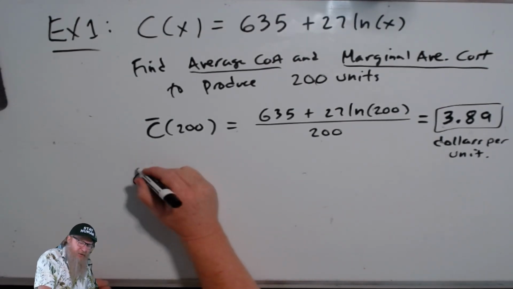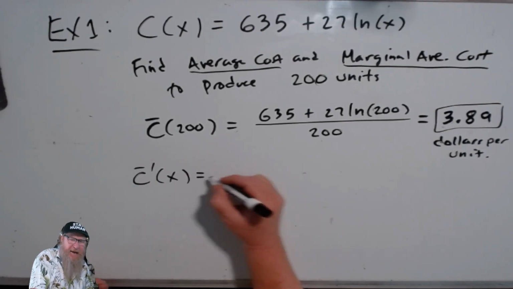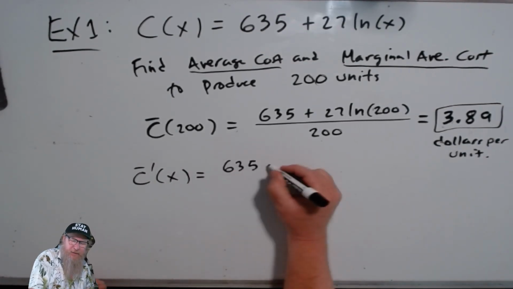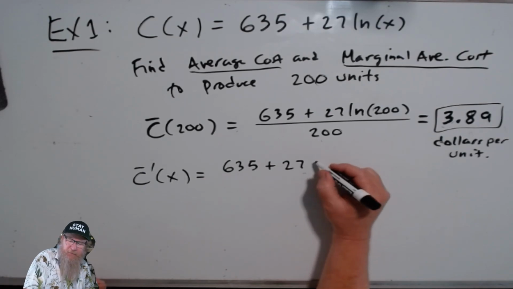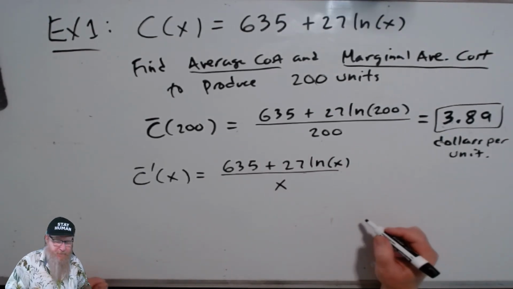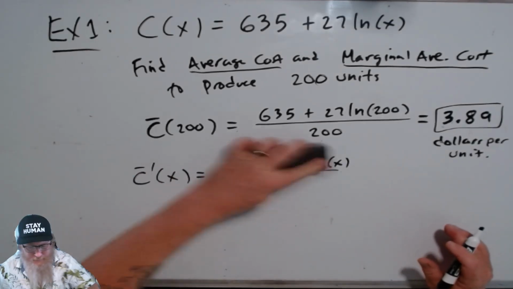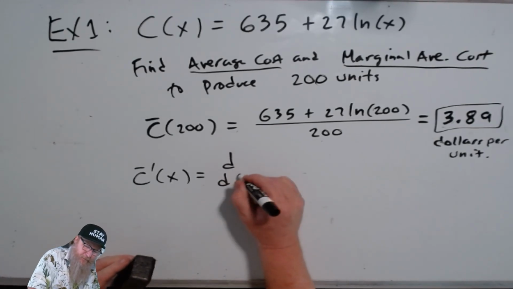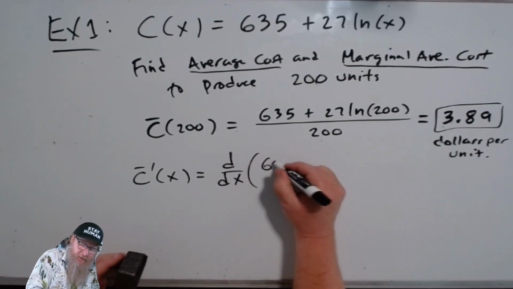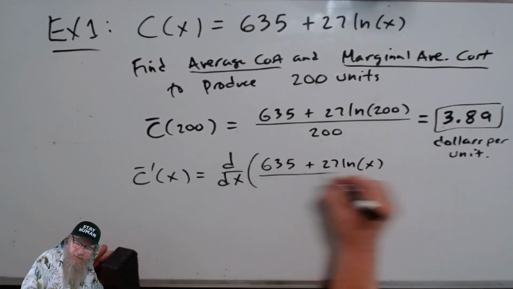All right, now let's do the average marginal. First, we have to do it with X. Can't plug in the 200 for this one yet. So you're going to take the derivative of this. Oops, I forgot. I'm going to take the derivative of 635 plus 27 ln of x over x.